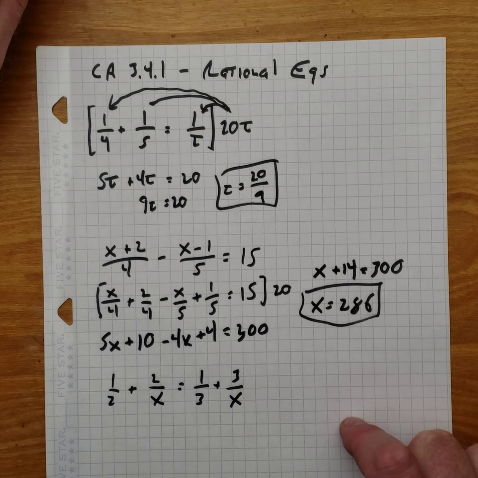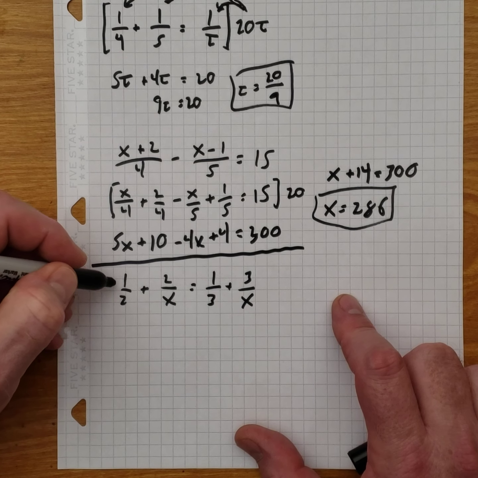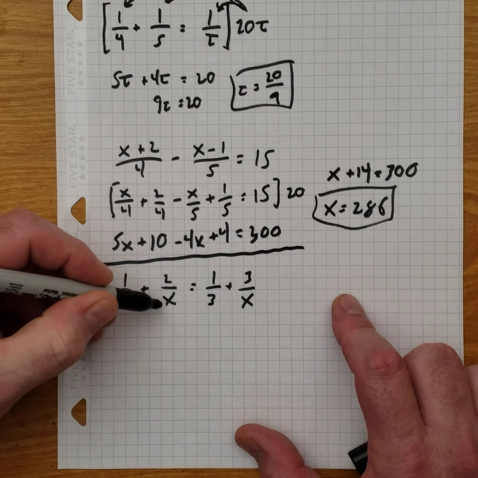This one here is closer to the first one. We've got a divided by 2, a divided by x, and a divided by 3. So we're going to have to multiply by the 2, by the 3, and by the x. That's 6x.